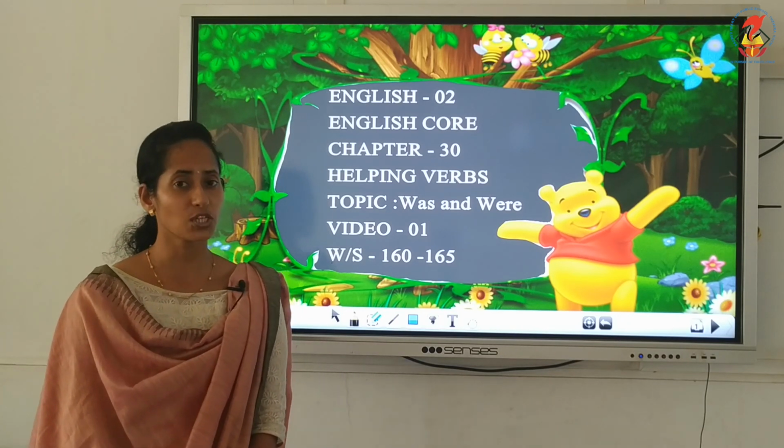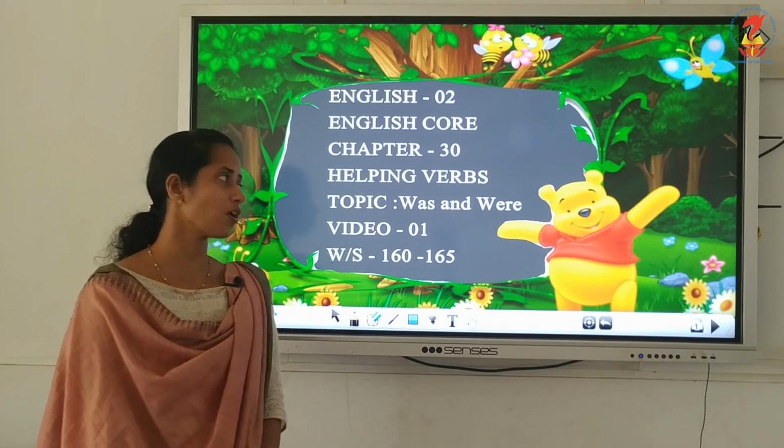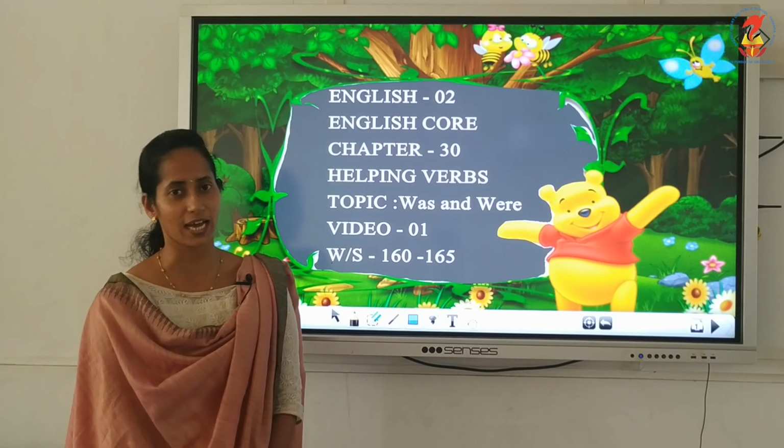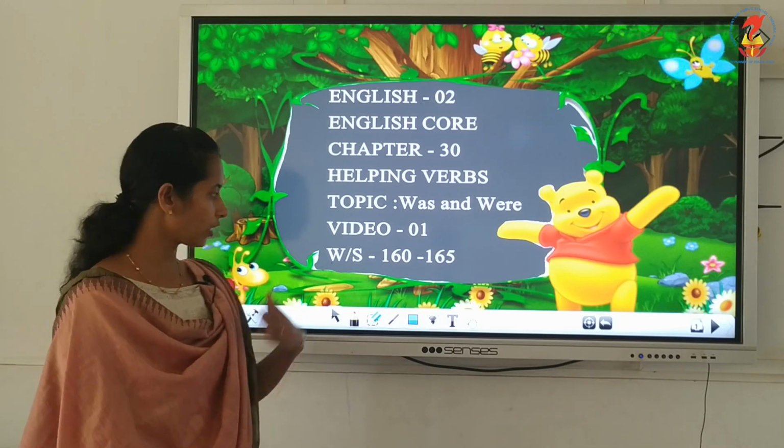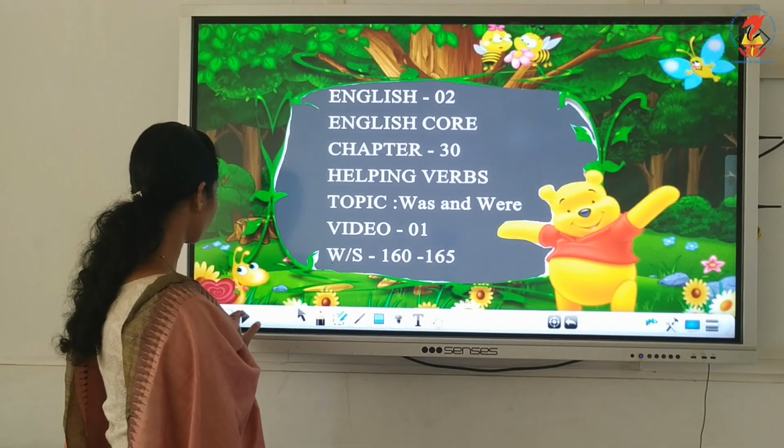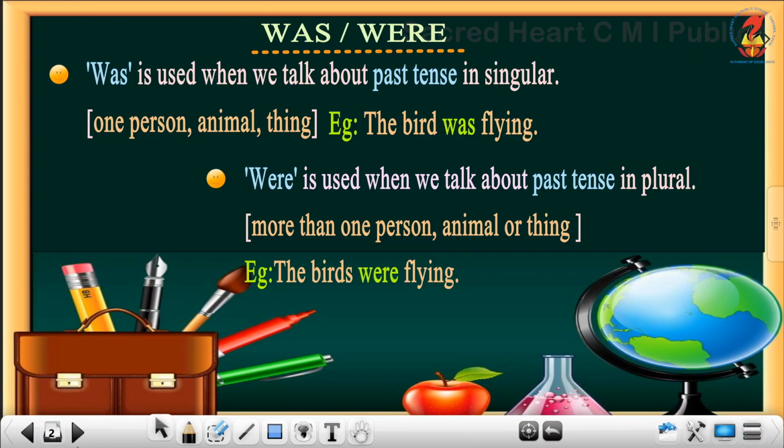Okay, so for such actions we use was and were. I hope it is clear. So we'll look into the detail of this topic today. So it is about was and were. So we'll just read the definition as well as the usage of these particular helping verbs.